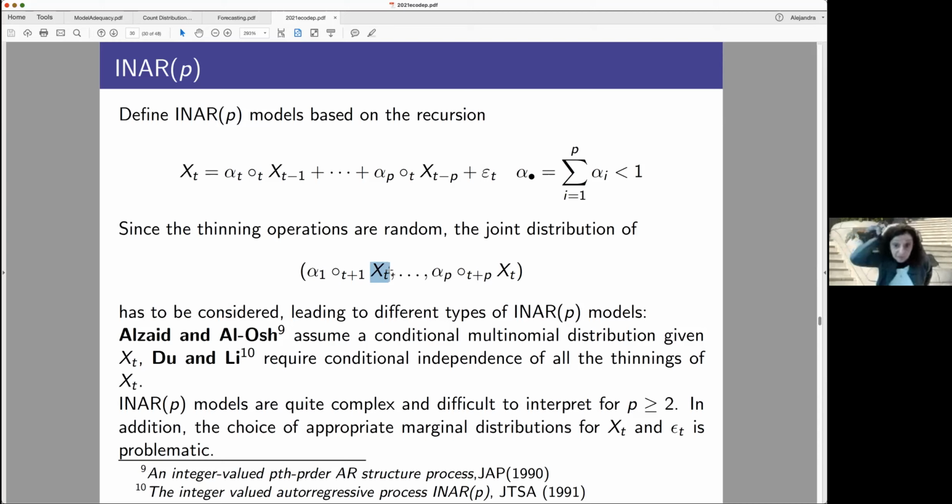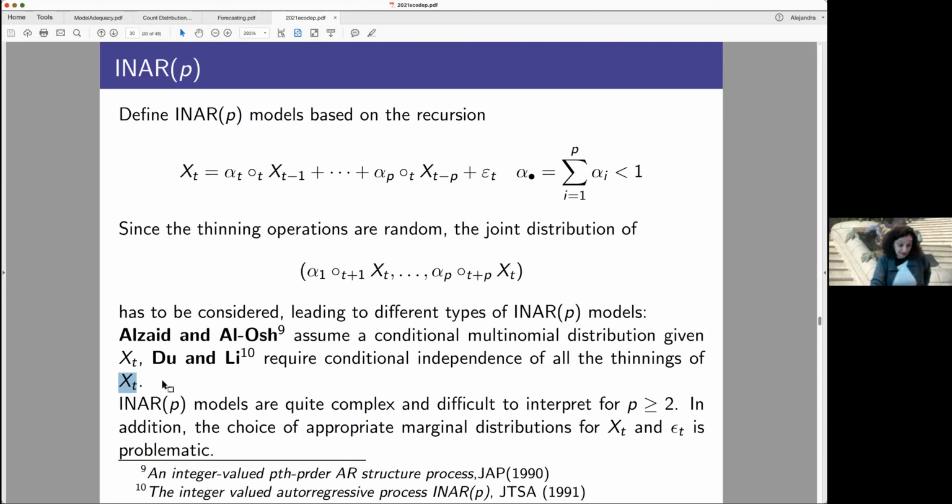So what happens here? Well, there are again different ways of defining what joint distribution this will have. Al-Osh and Alzaid assume a conditional multinomial distribution, and Du and Li require only conditional independence of all the thinnings that are performed over X_t.